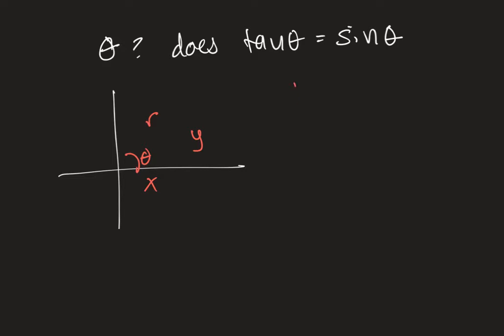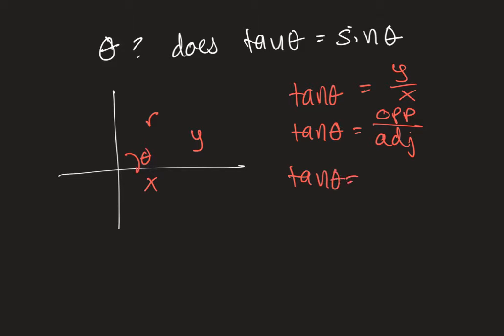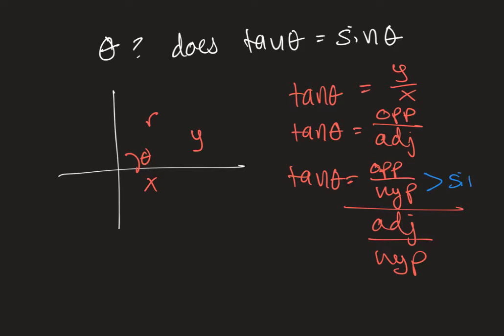And so we can say that tangent of theta is going to be our opposite over our adjacent, or our y over our x. We can also say that tangent of theta is opposite over hypotenuse over adjacent over hypotenuse, aka sine of theta over cosine of theta.